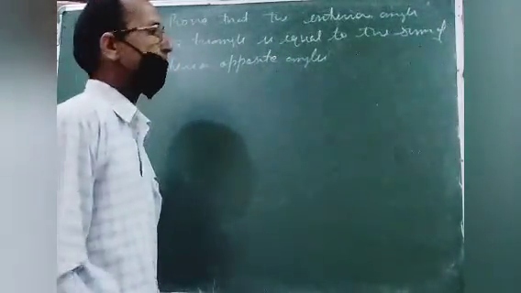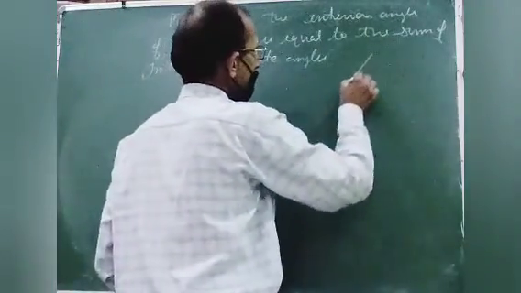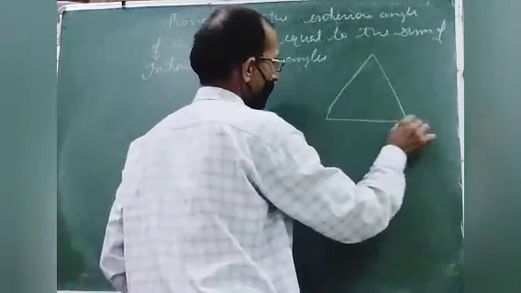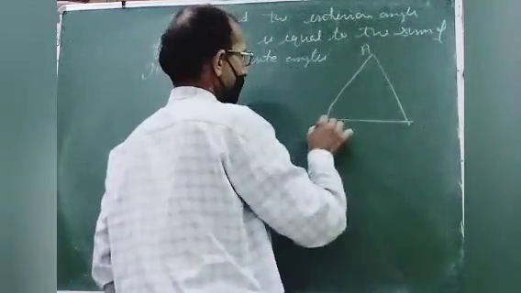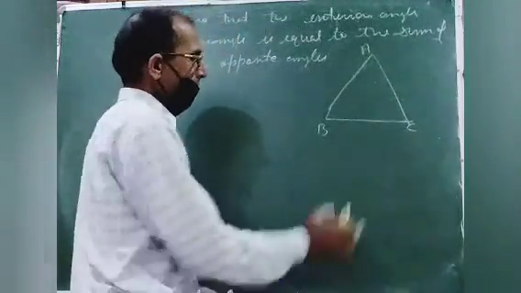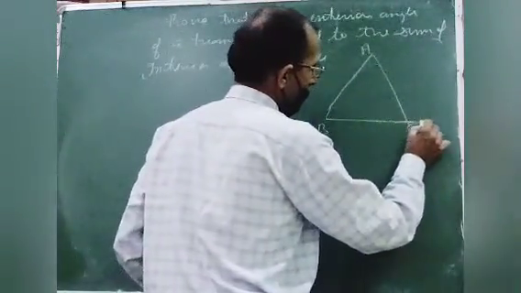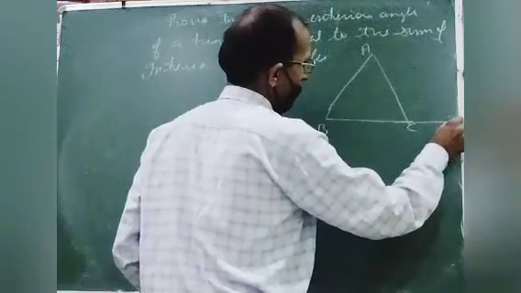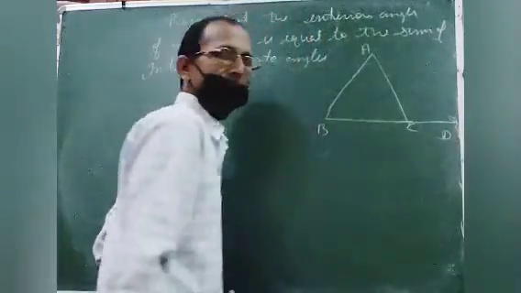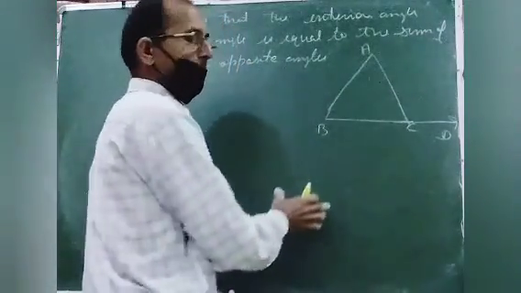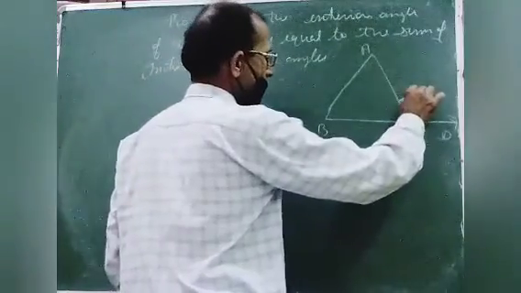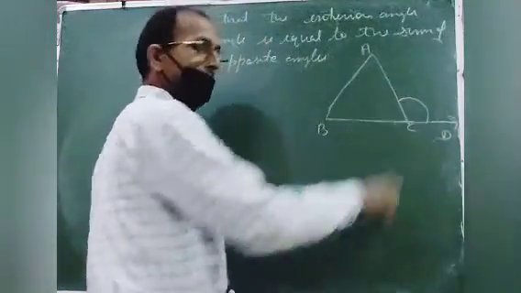So, what is an exterior angle? This is triangle ABC. Now, this concept I would like to explain. ABC is a triangle. If one side of a triangle is extended, so this side is extended to point D, the angle formed by the extended side is this one, ACD.